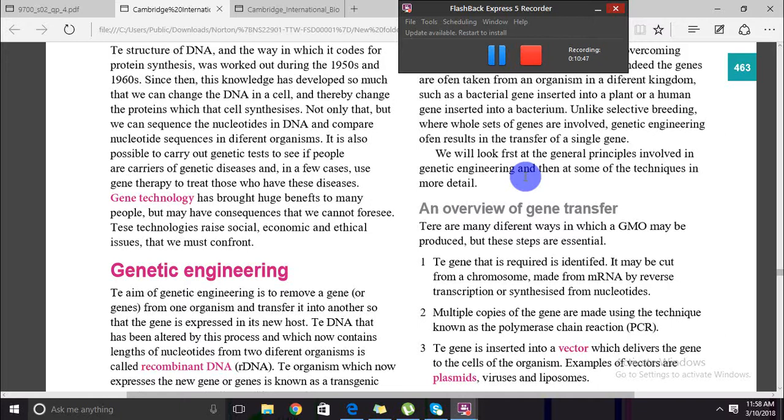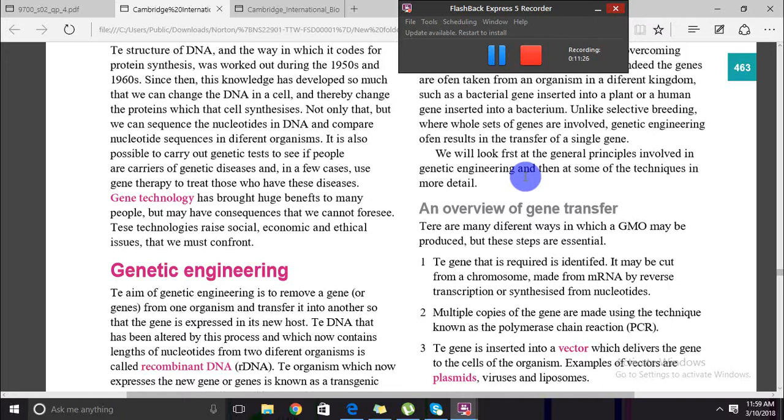is DNA that contains lengths of nucleotide, and you may underline this, from two different organisms, from two or more different organisms actually, and the organisms could be of the same or of different species.